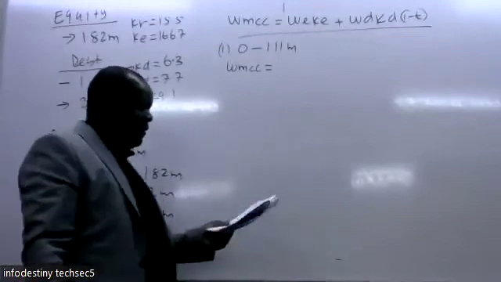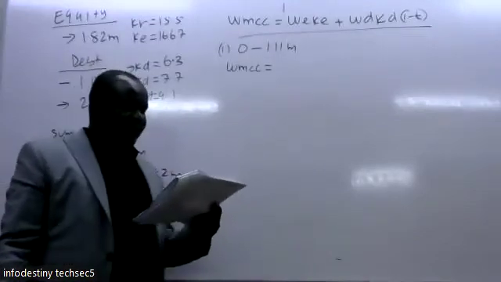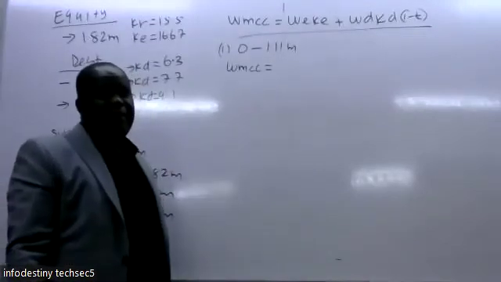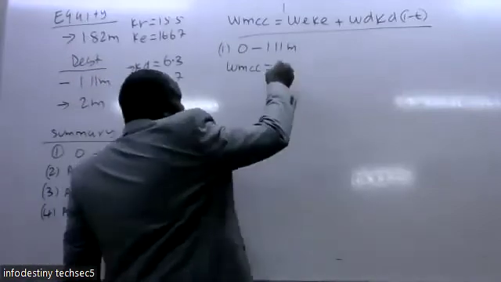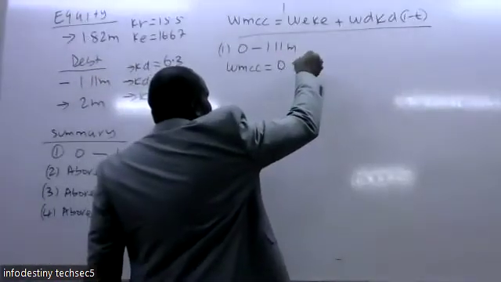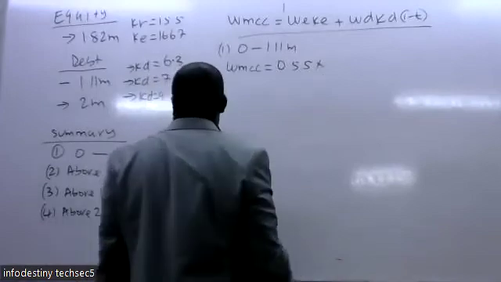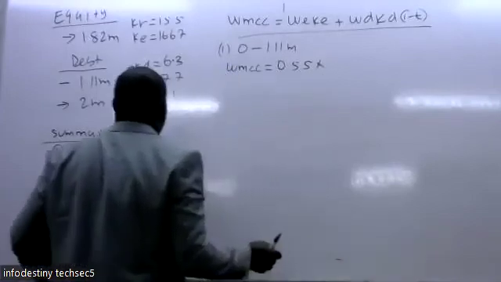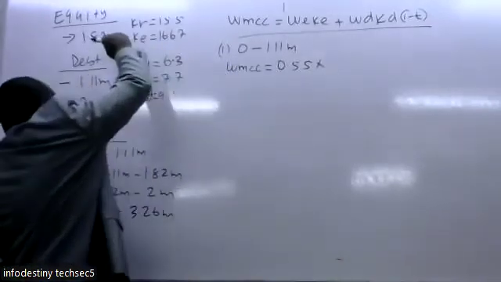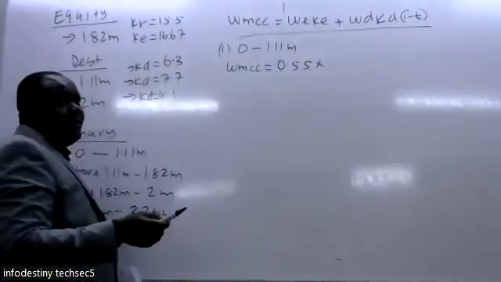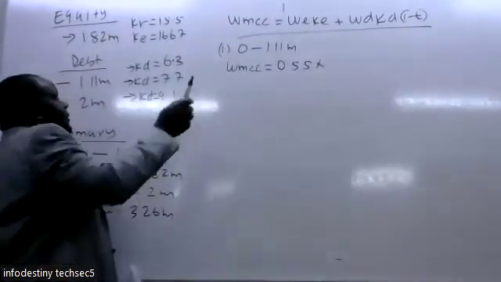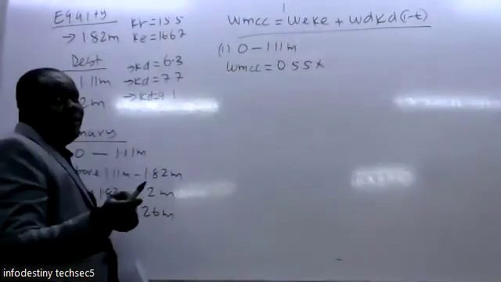Weight for equity, you know it is 55. Weight for equity is 0.55. So for KE, I want us to look here. Anything to do with 1.82 million and below, we use retained earnings.